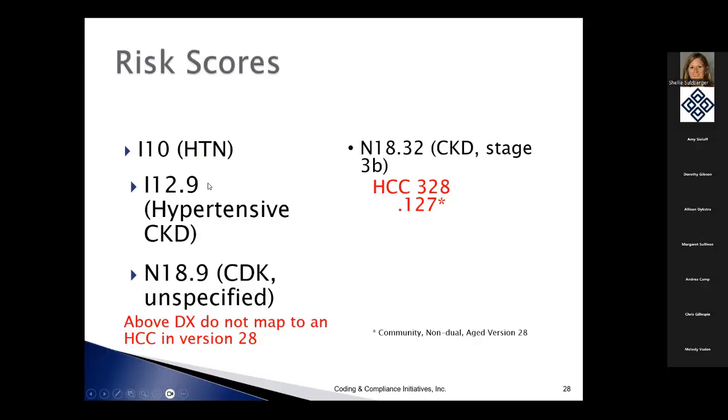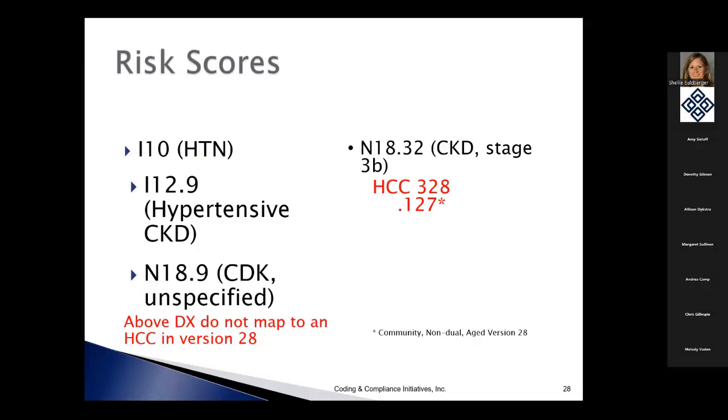So now my claim reports I-12.9, hypertensive chronic kidney disease, and my claim supports N18.9, chronic kidney disease unspecified. 0 credit for value-based care. These 3 codes do not map to an HCC code in version 28. That means we don't have any value-based score for this patient at all.